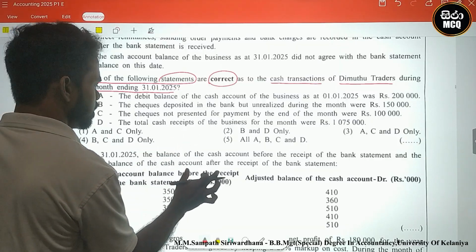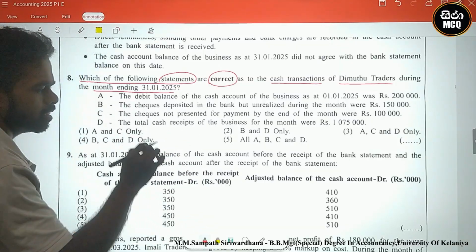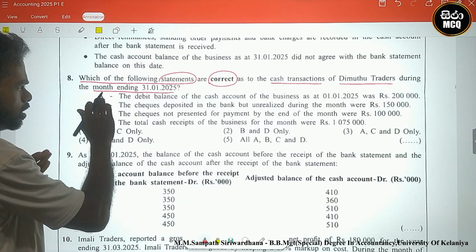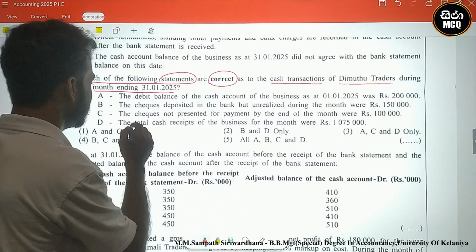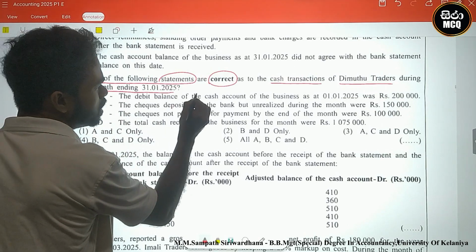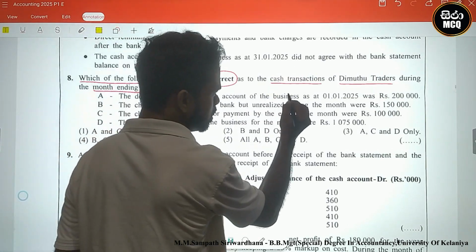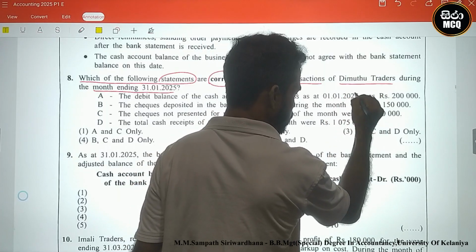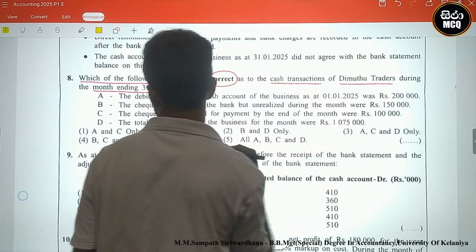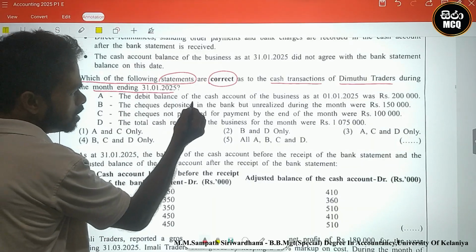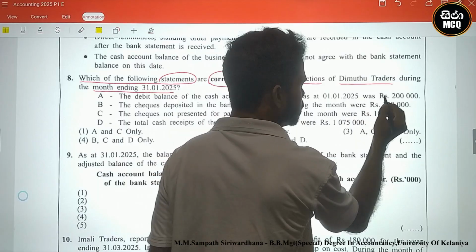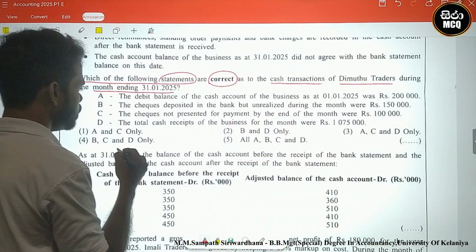And the other one is, look here, I read this one to identify the question. The debit balance of the cash account of the business as at 1st January 2025 was 200,000. The cheques deposited in the bank but unrealized during the month were 150.